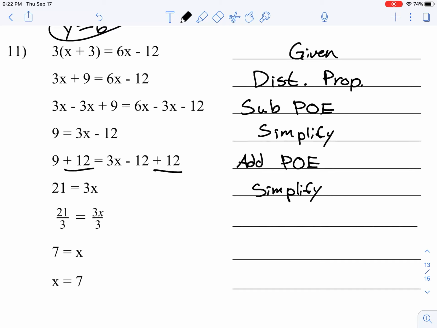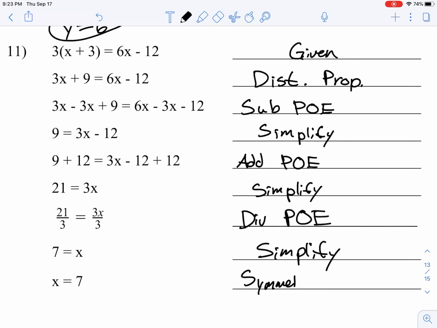On this one, it looks like we are dividing by 3 on both sides. So that would be division property of equality, simplify. And then our last step, again, we're just switching the x and the 7 around. That's going to be symmetric property.